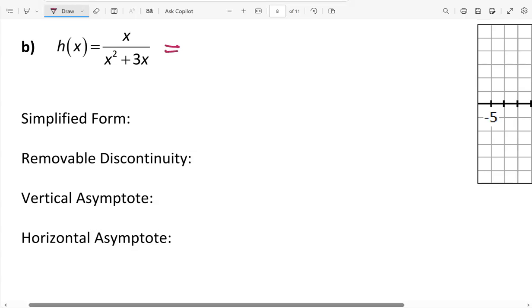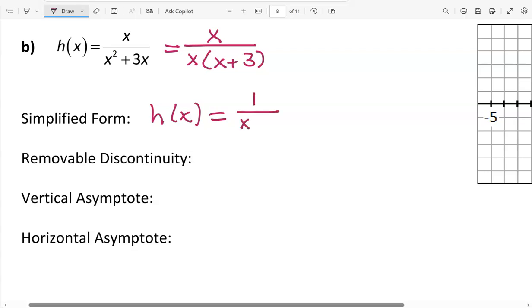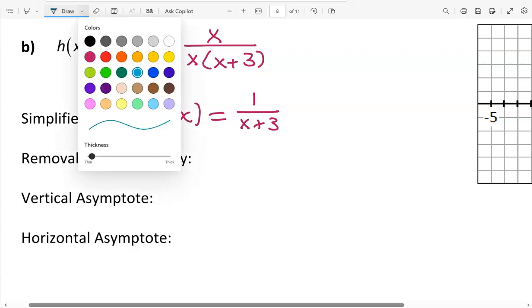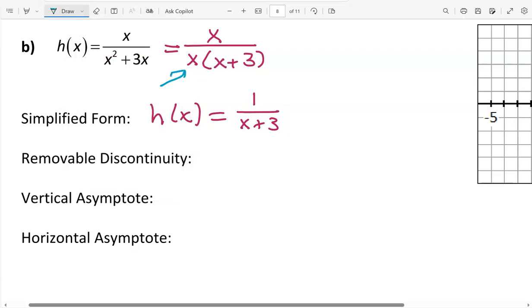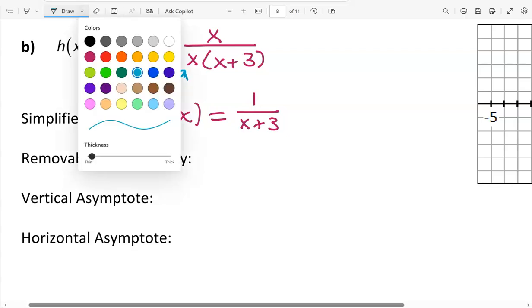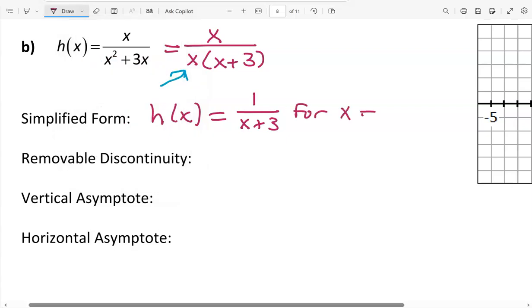In B, we can simplify this function by factoring the denominator, x times x plus 3. And when we write this in simplified form, h of x is equal to, canceling the factors of x, 1 over x plus 3. But we need to acknowledge that we removed a discontinuity when we did that, so we need to state that discontinuity explicitly for x not equal to 0.